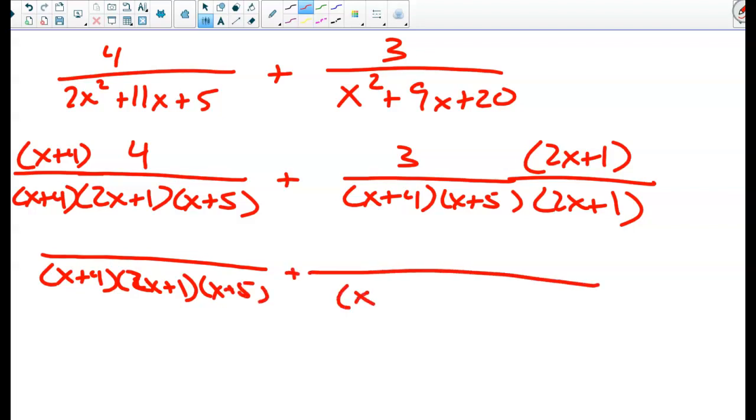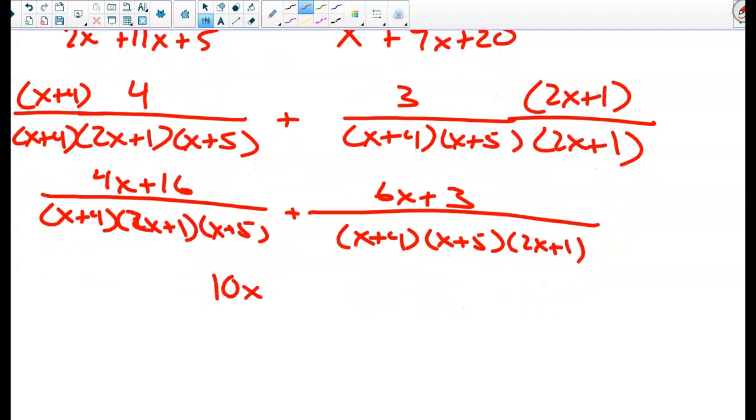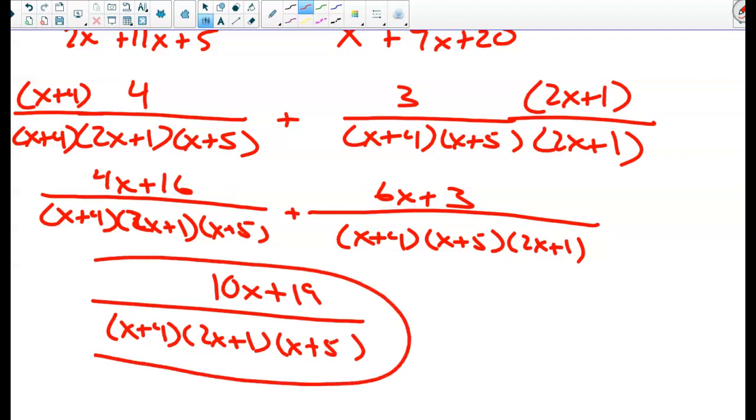On this one, x plus 4, x plus 5, 2x plus 1. On top, we have 4x plus 16, 6x plus 3. And then the numerator is 10x plus 19 over x plus 4, 2x plus 1, x plus 5. That's my answer.